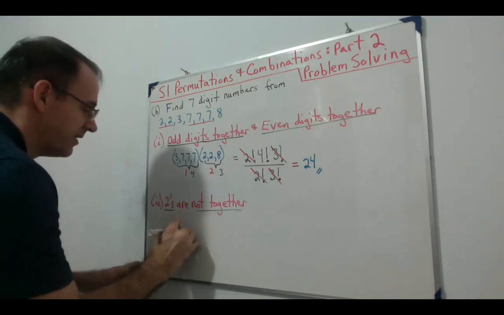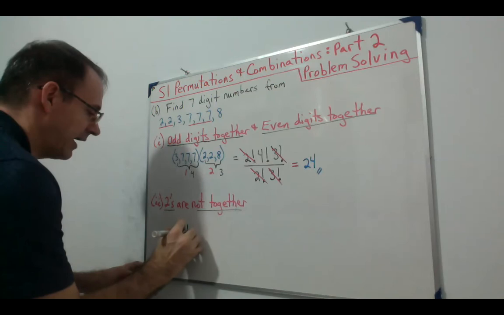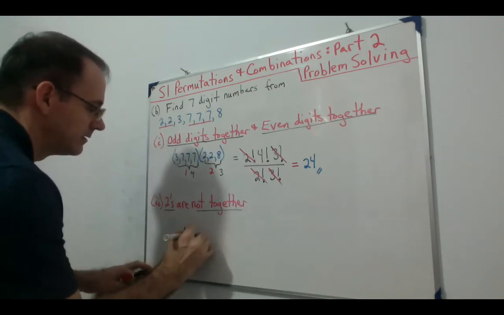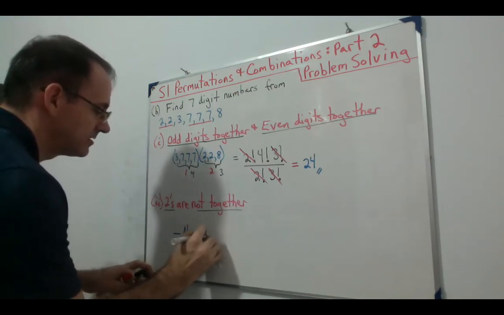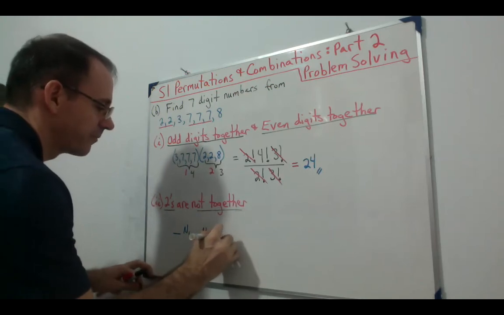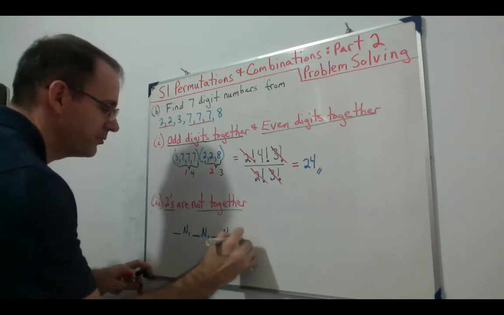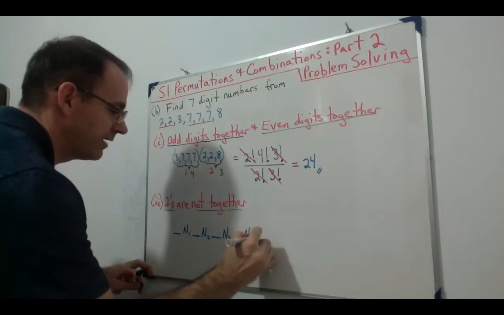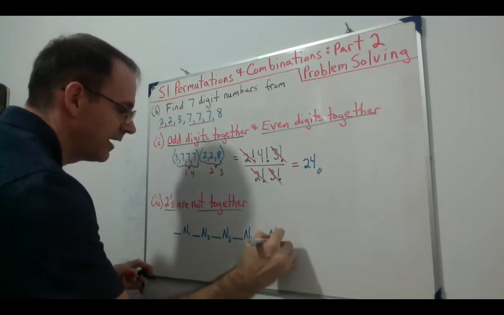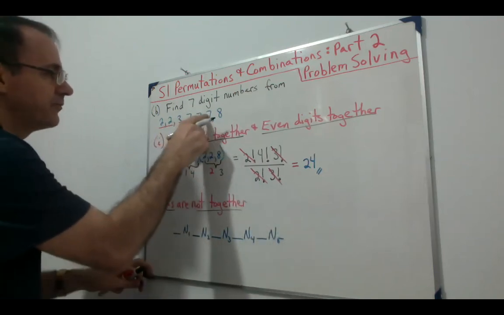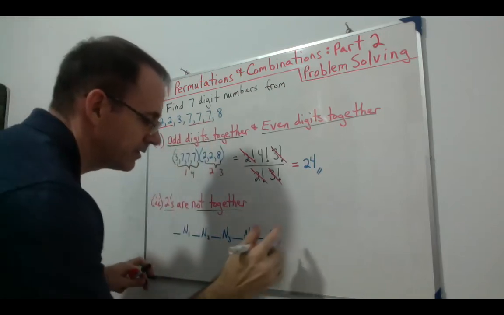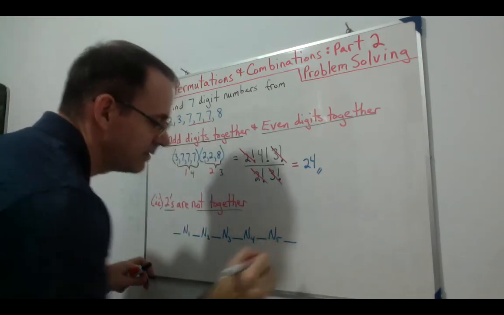We'll just say our not 2s, okay? So not 2, our second not 2, our third not 2, our fourth not 2, fifth not 2. There's 1, 2, 3, 4, 5. Let me put it a little more clearly, and then space.